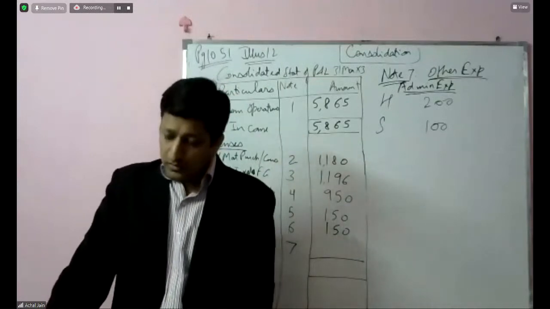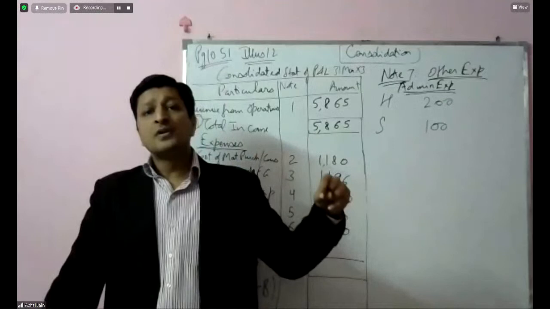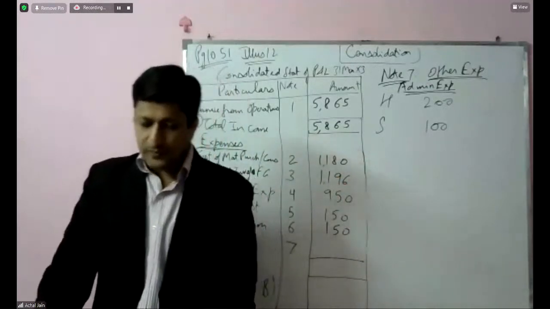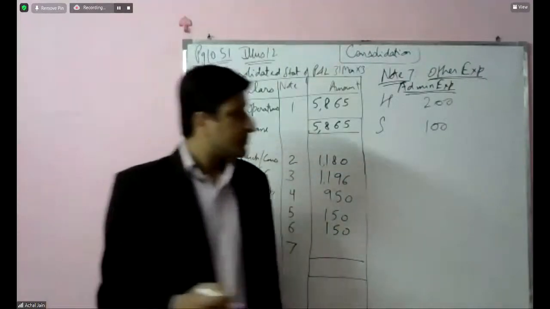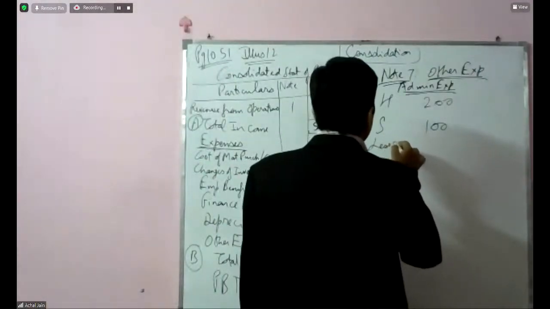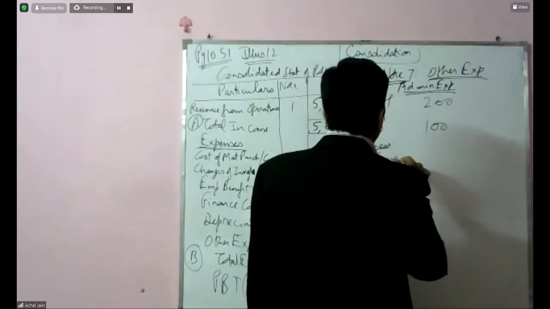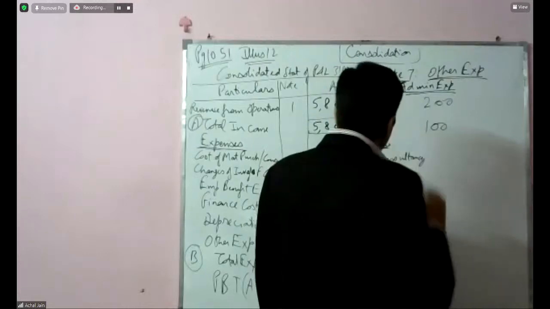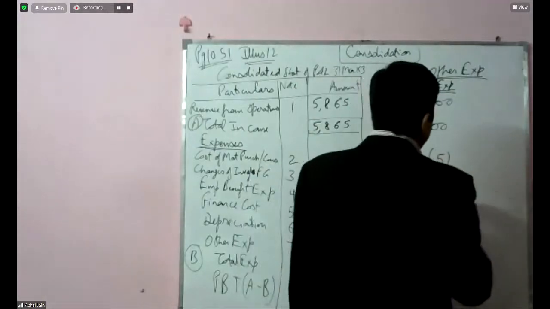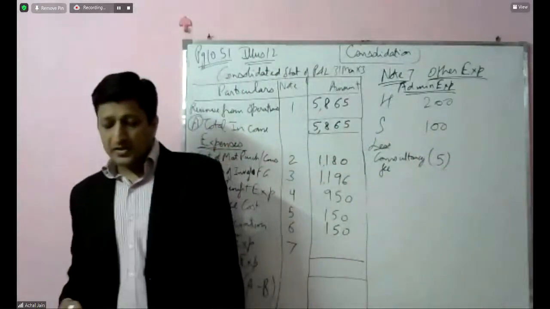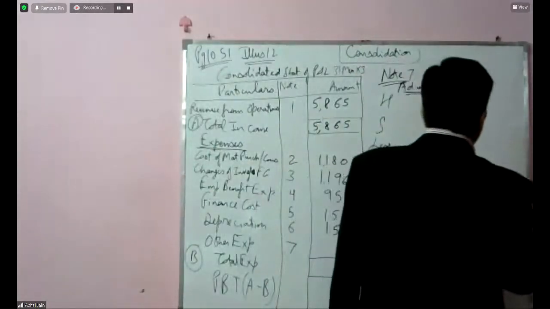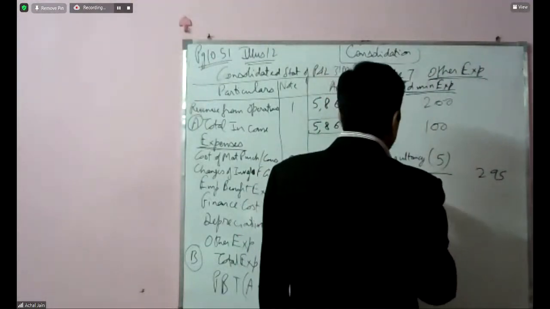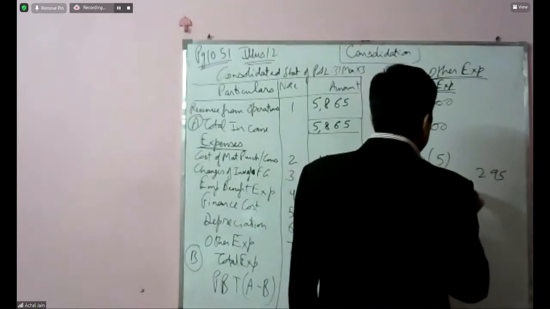So this has to go out. We have already reduced this from income component, but from the expense component, this is not yet reduced. So we'll reduce consultancy. Okay, this was 5. So this has been adjusted, so this becomes 295.